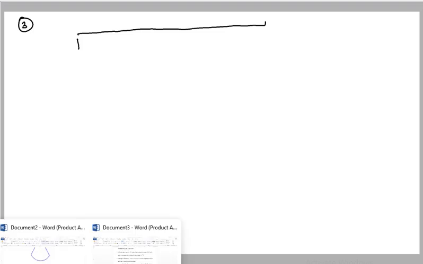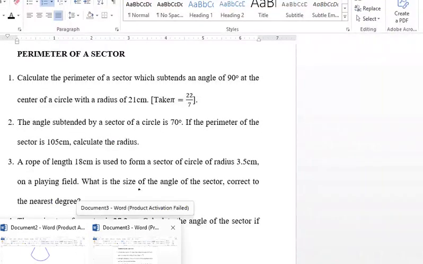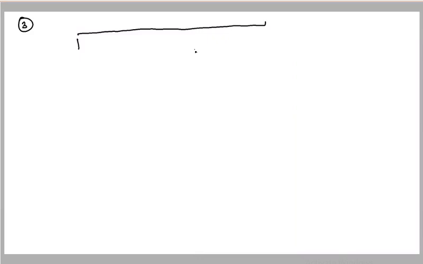Let me check. Okay, 18 centimeters. So let's say it's 18 centimeters long.